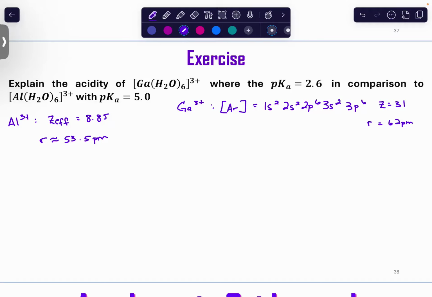Am I crazy? Let me pull up my theory, because I just did this one for the quiz. Might be just one of those Fridays. Gallium.